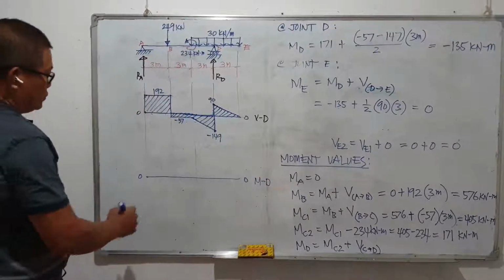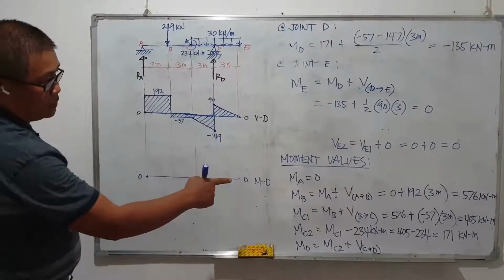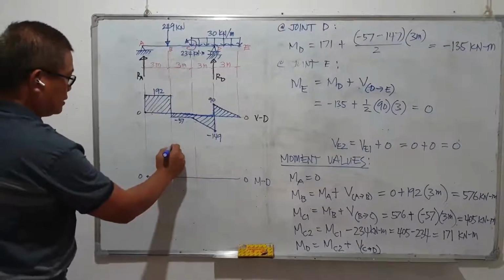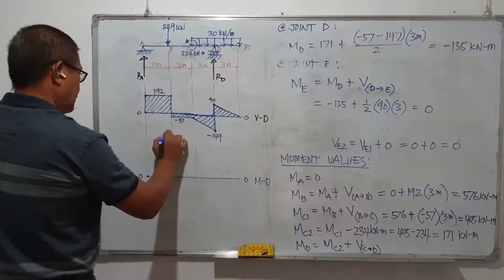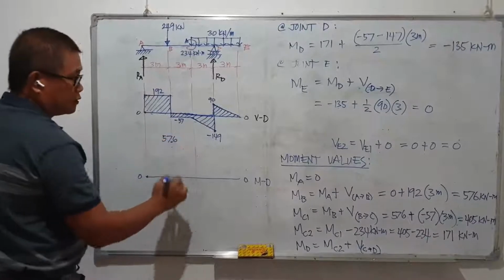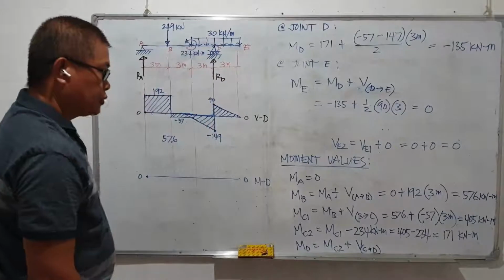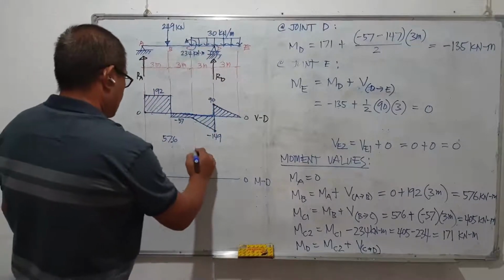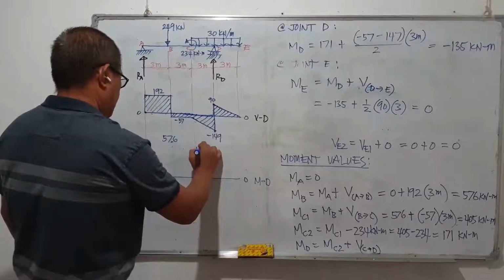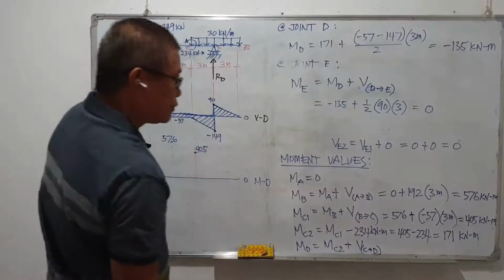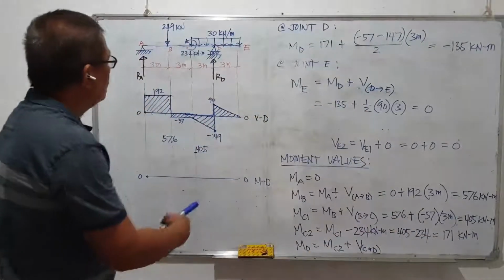And then for moment, the moment diagram starts also with 0 here, and then at B we have 576. And then MC1 is 405. So we have here 405. And then it goes down by 171 because we have a couple.